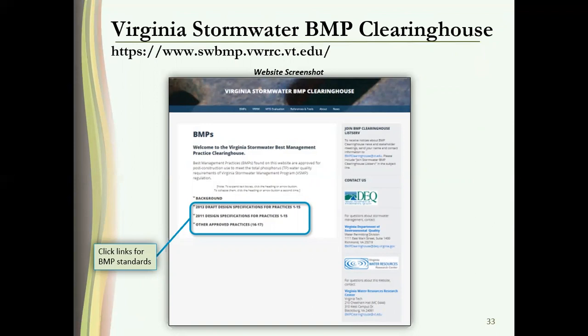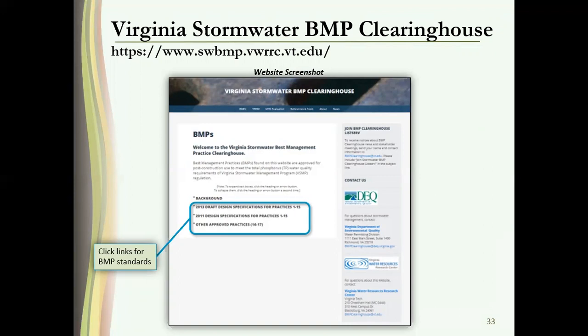You have 4 drop-down menus from this main page. The first one is just background information. I've given you a lot of that background information just now in super fast mode. Jamie was mentioning that there are the 2011 specifications, and then there are also 2013 draft specifications. Both of those are available on this website. And then the manufactured treatment devices. If you're going to use one of those on your site, it has to be DEQ approved.